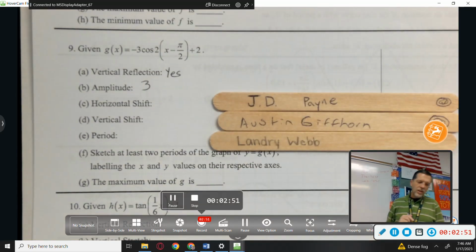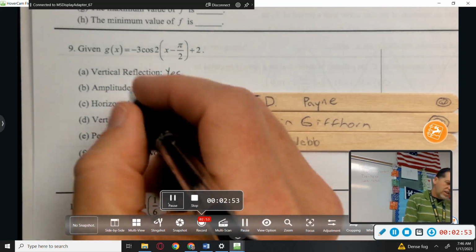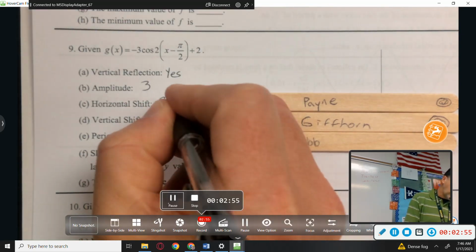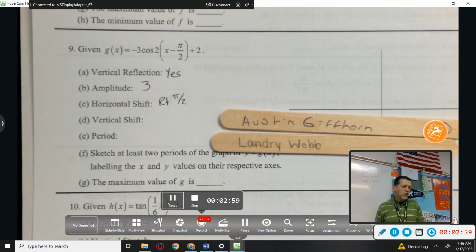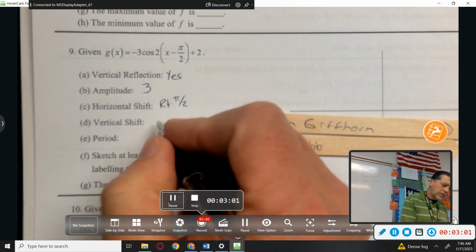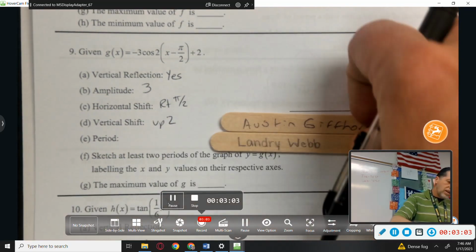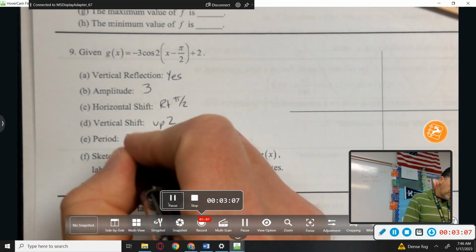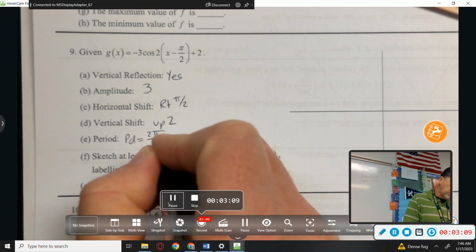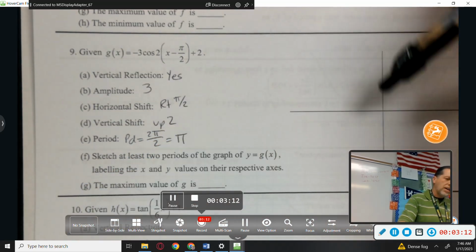JD, the horizontal shift? Right, pi over 2. Good. Austin, the vertical shift? Up 2. And Landry, the period is pi because 2 pi over b is pi.